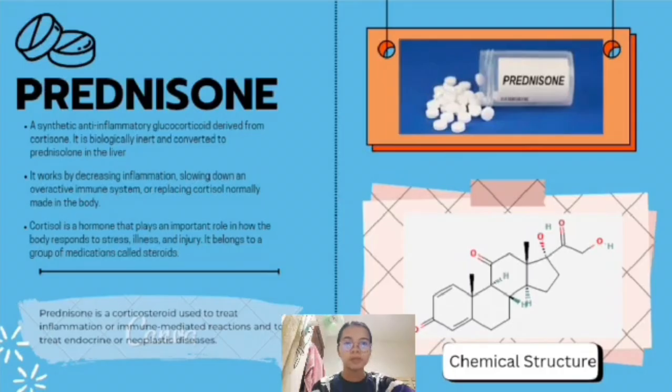Cortisol is a hormone that plays an important role in how the body responds to stress, illness, and injury. It belongs to a group of medications called steroids. Prednisone is a corticosteroid used to treat inflammation or immune-mediated reactions and to treat endocrine or neoplastic diseases.